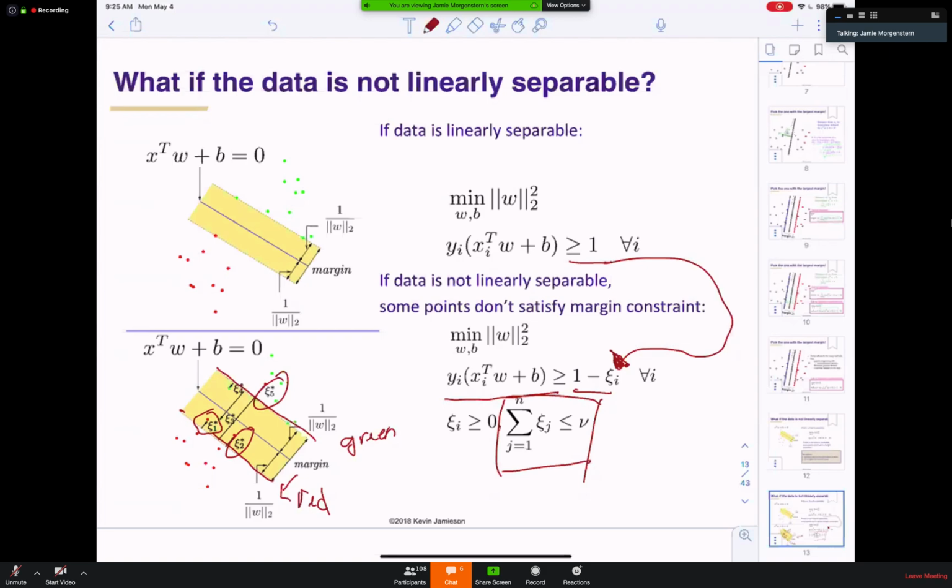Okay, so we haven't talked about this explicitly, but a really nice property of support vector machines, which is what we're talking about now, is the following.